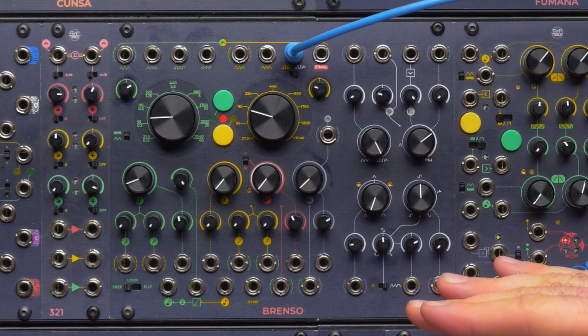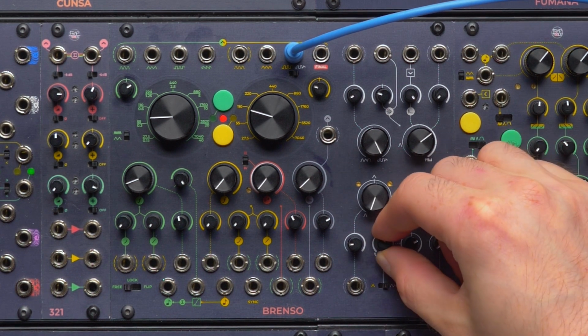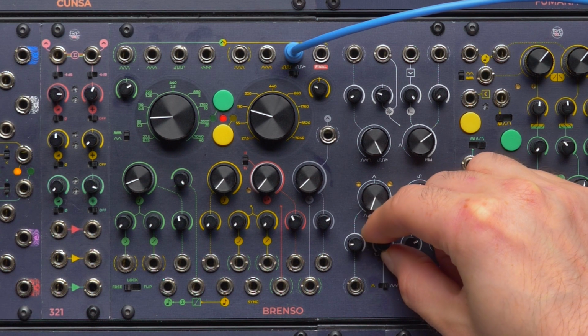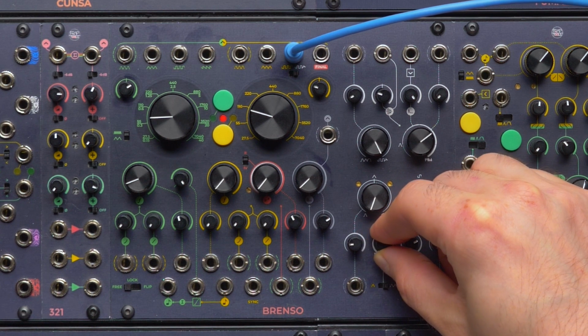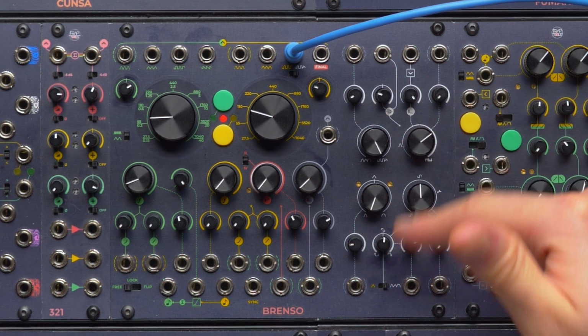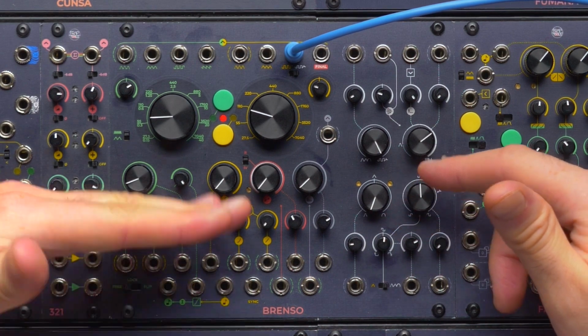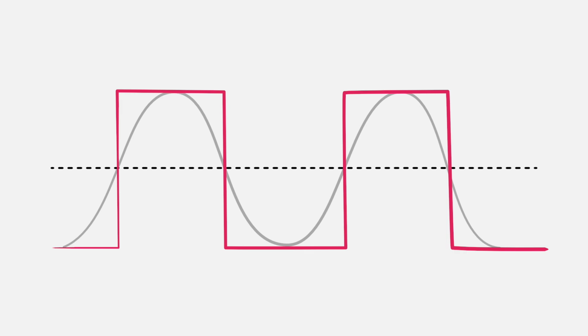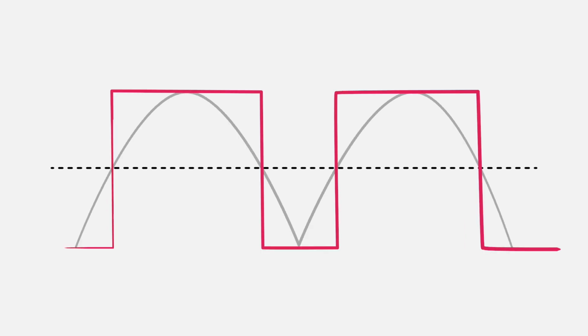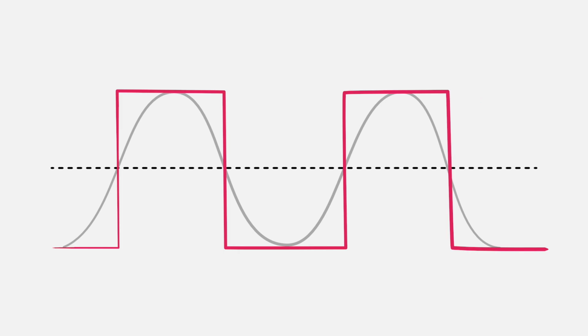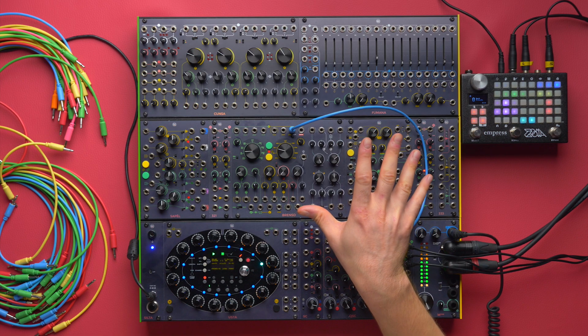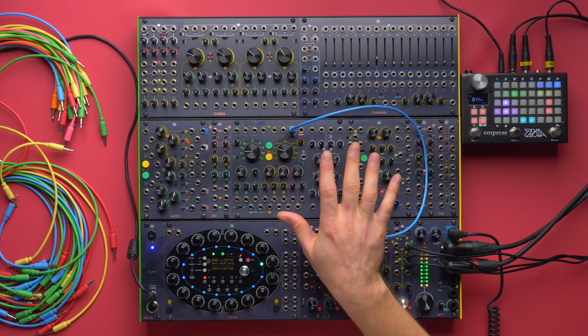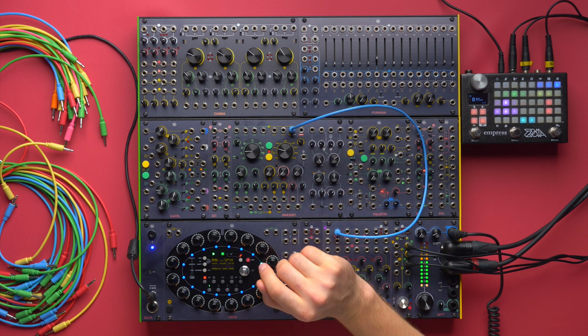So instead of moving the comparator threshold, we are still able to get a pulse width modulation by keeping it fixed and changing the point at which the other waveform crosses it.